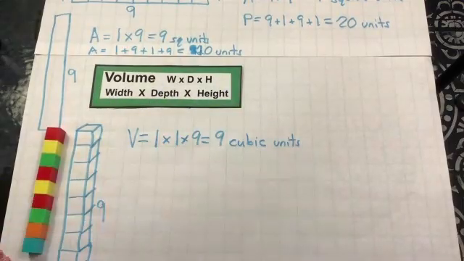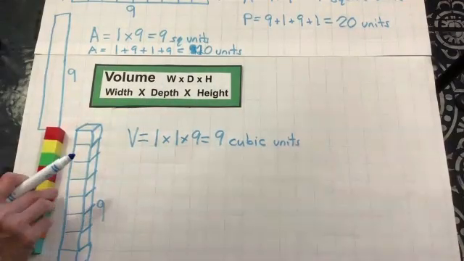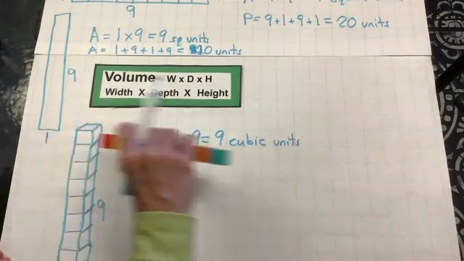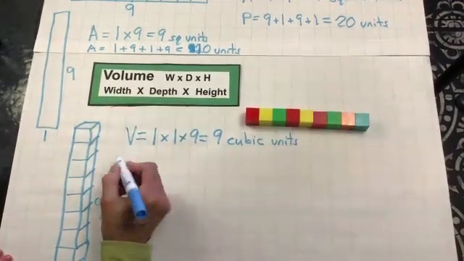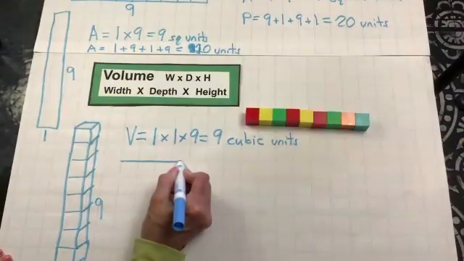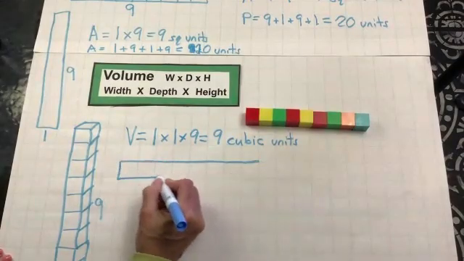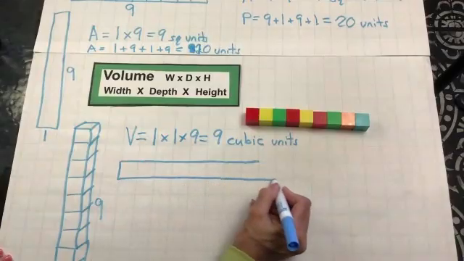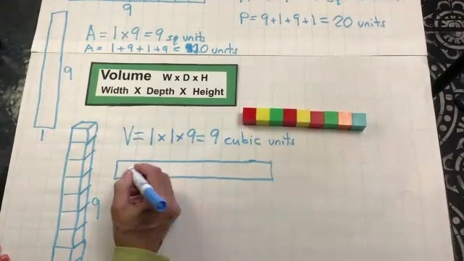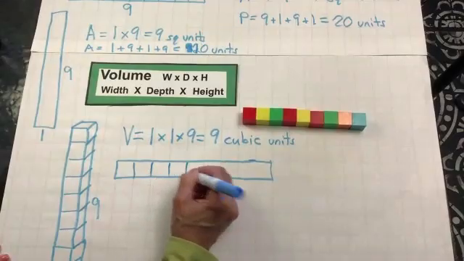All right, so now it's 3-dimensional. Width, depth, height, 3-dimensional. So now we can change this one also into a horizontal. So let's go ahead and do 1, 2, 3, 4, 5, 6, 7, 8, 9. Break it up.